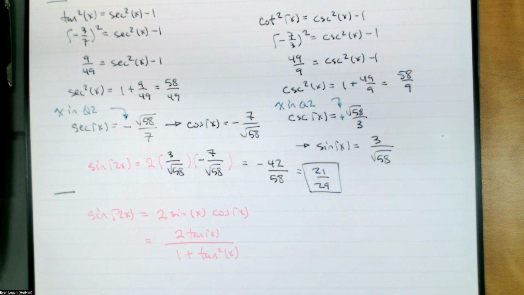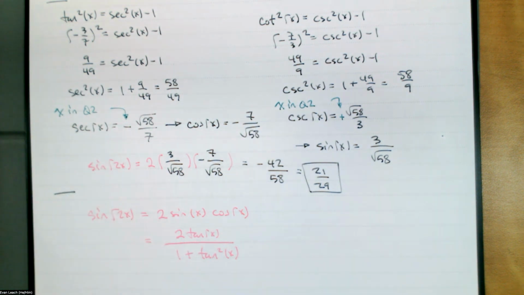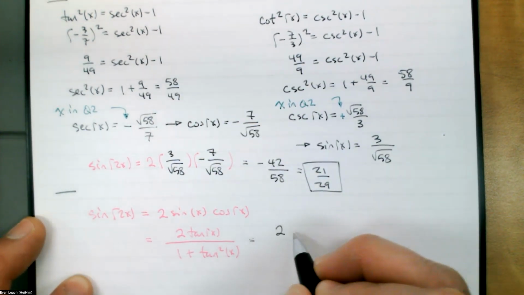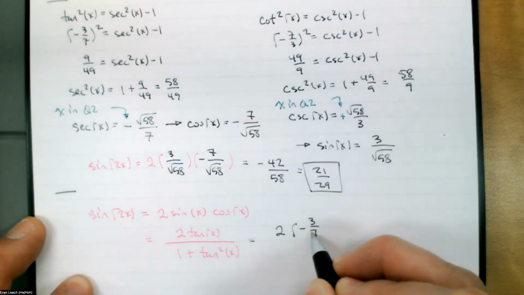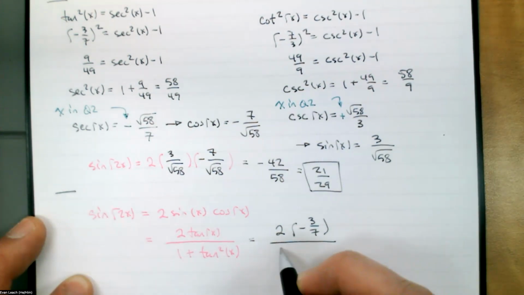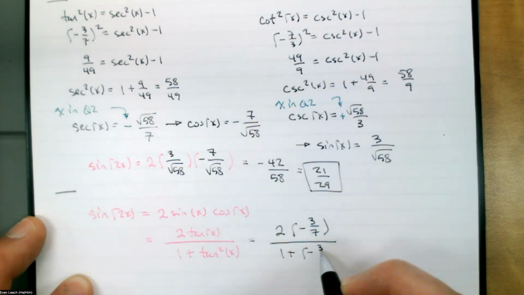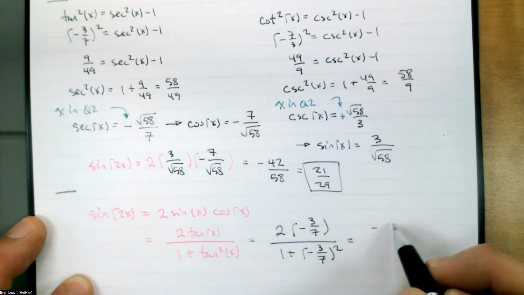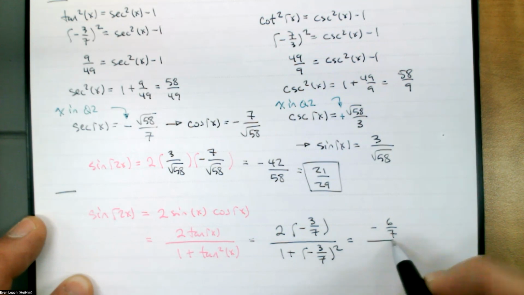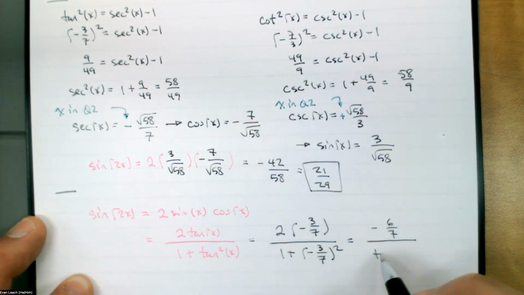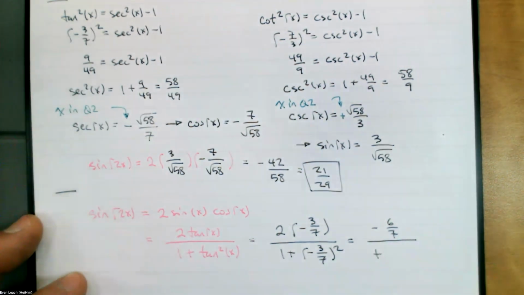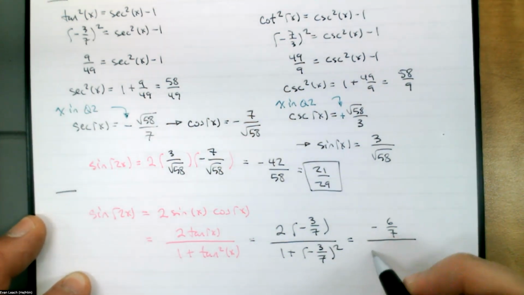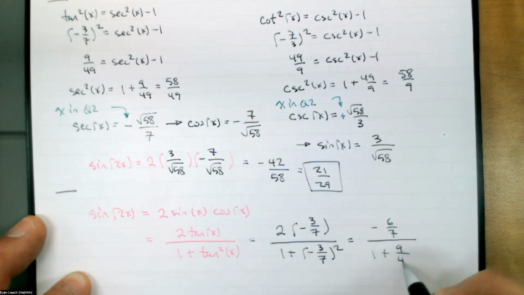So if we had remembered this trig identity, we could have just taken the tangent of x and plugged it into this one. So we could have written 2 times a negative 3/7 over 1 plus the negative 3/7 squared. So I got negative 6/7 divided by 1 plus 9/49.